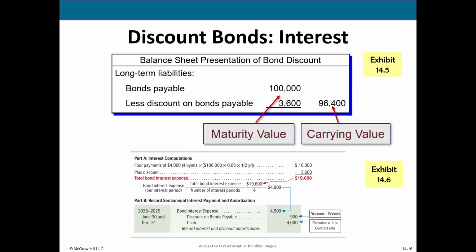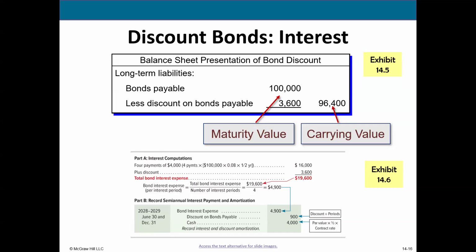before we add in the discounted amount of 3,600, which means the total interest expense on this bond is $19,600. We then divide that by the 4 interest payments to represent a bond interest expense for every payment of $4,900.